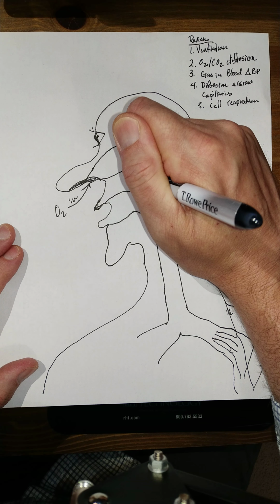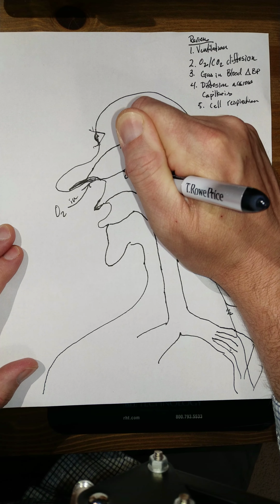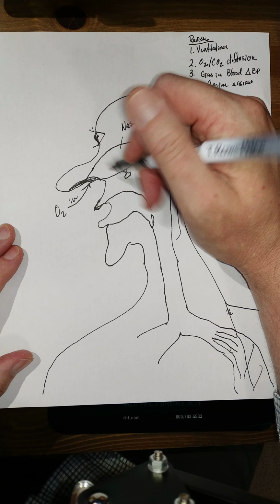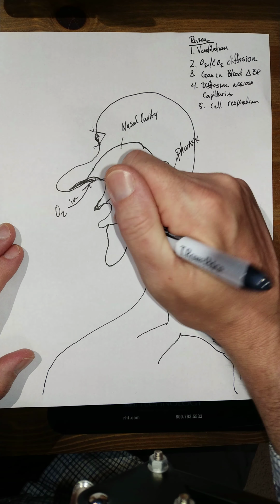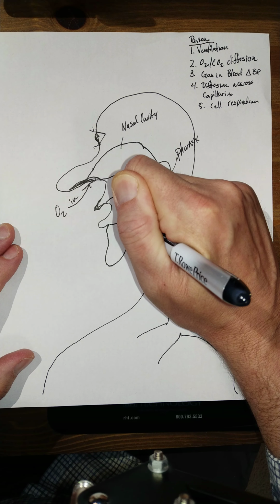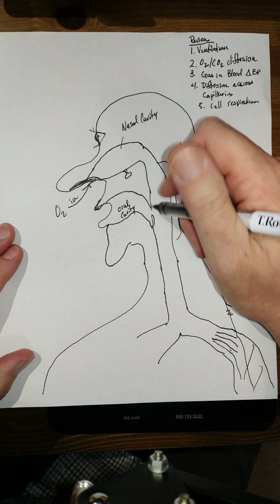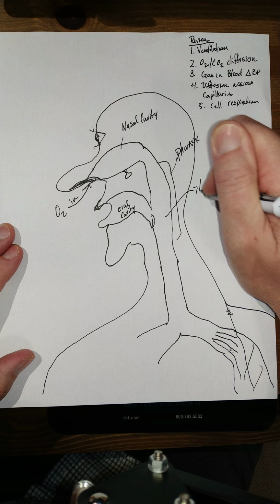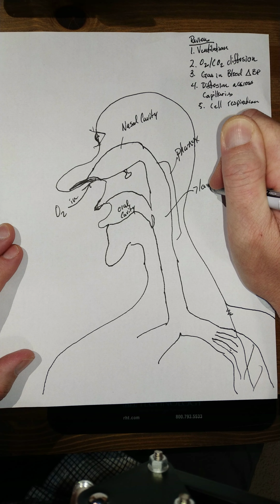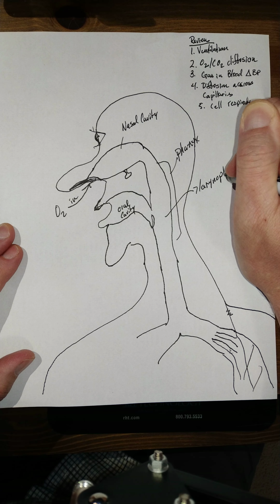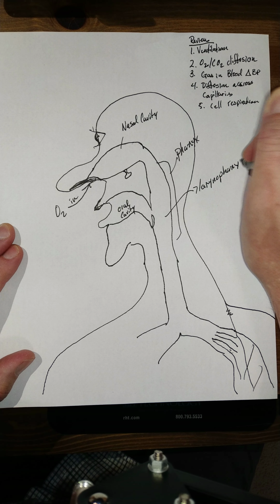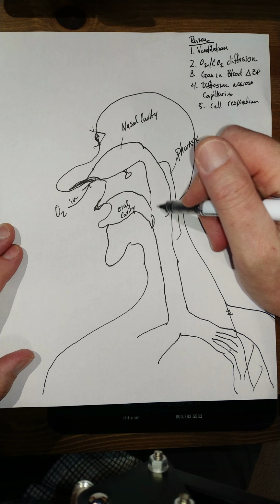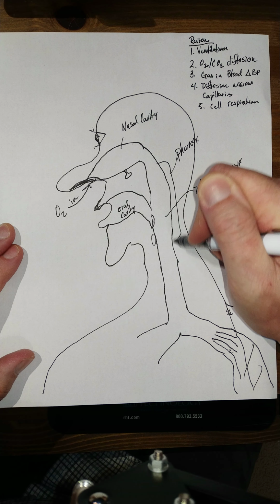Inside the nasal cavity, we have goblet cells that produce mucus to help catch some pathogens. We have the oral cavity here. Over here we have the laryngopharynx. The vocal cords live in here as well.